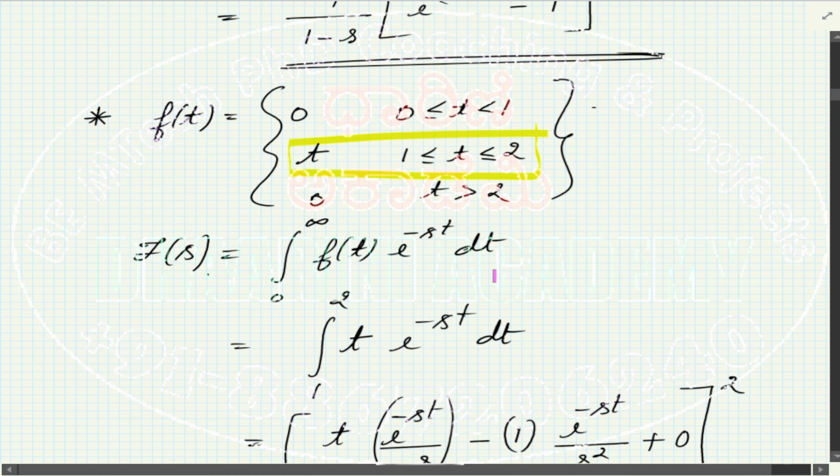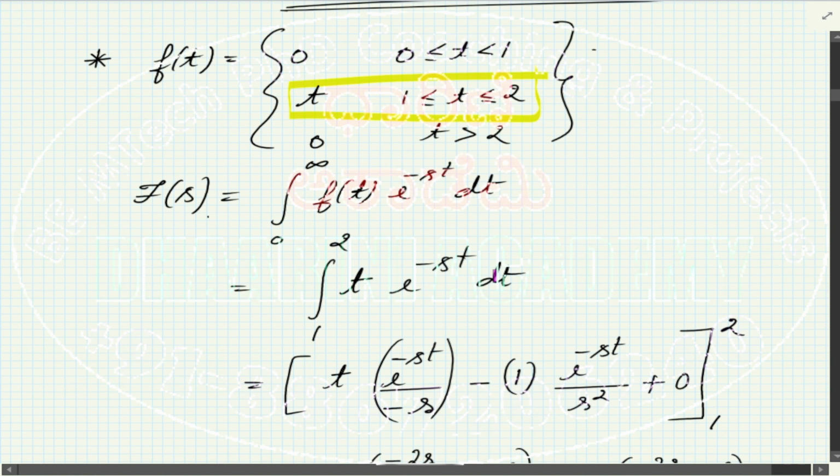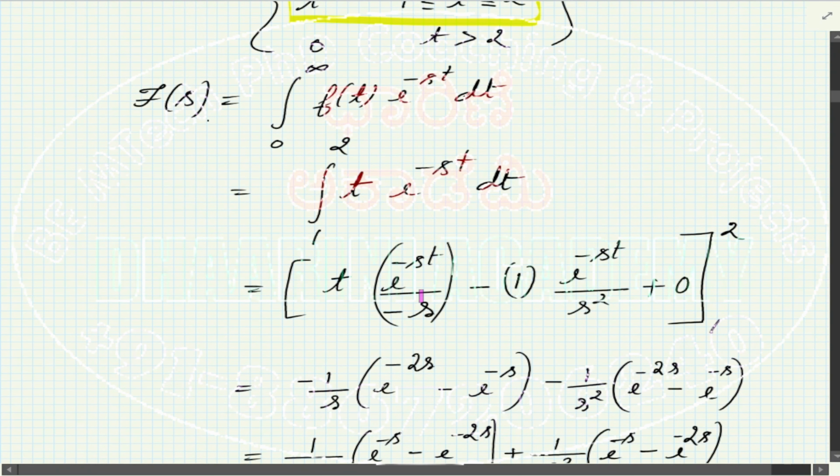Just check this. The function is defined only between 1 and 2, and the function is t. So instead of substituting from 0 to infinity, you need to substitute only between 1 and 2, and the function is t into e to the minus st. Now you can see that you can apply integration by parts. Take t as it is, and integrate the second function.